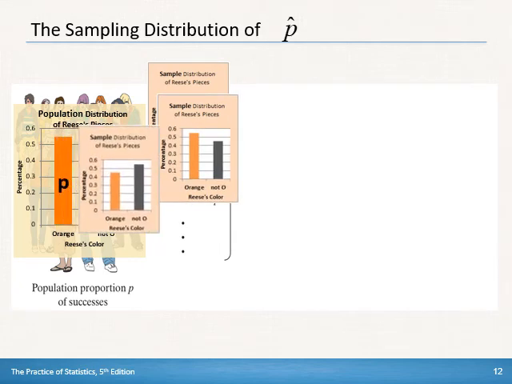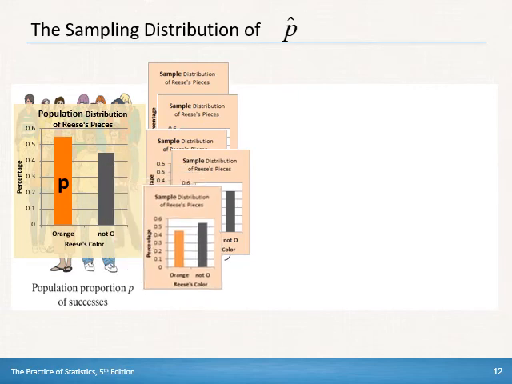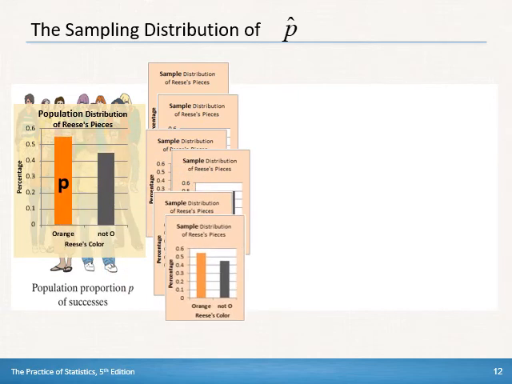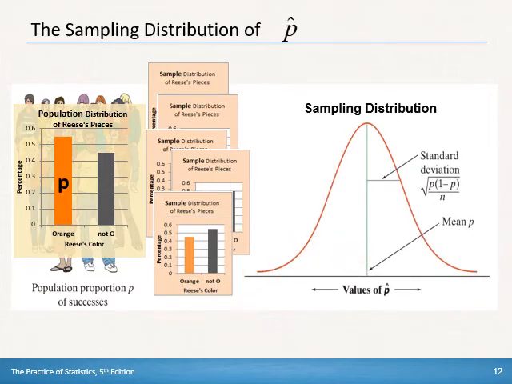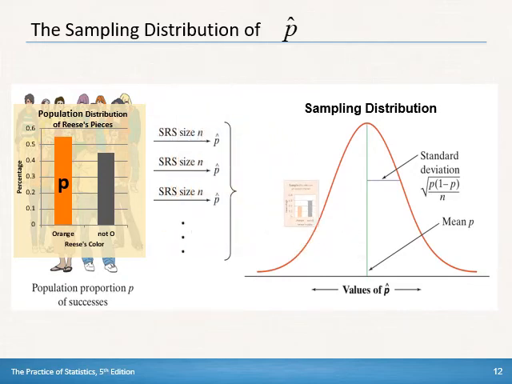Not all of those samples would be exactly the same as the population distribution. But if we took every possible sample and plotted each of those p hats, then we would have the sampling distribution. Now, more often than not, we don't have a sampling distribution. It's a theoretical thing. So if we're doing a simulation, then it's going to be an approximate sampling distribution.